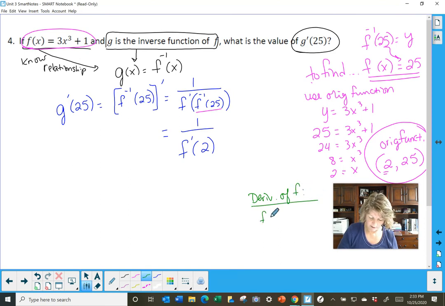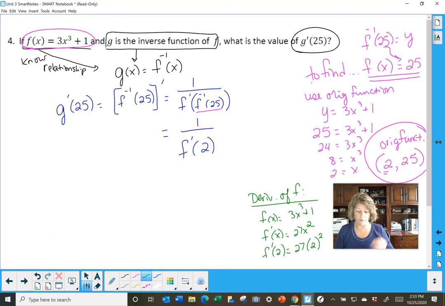So we start out with f of x equals 3x cubed plus 1. Then f prime of x equals 9x squared. And I need f prime of 2. F prime of 2 means I'm going to plug in 2 to the x value. So I get 4. 4 times 9.